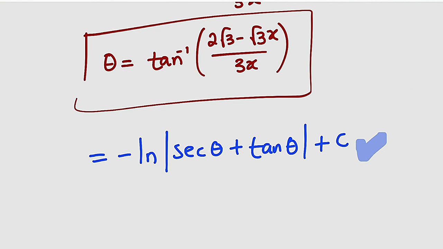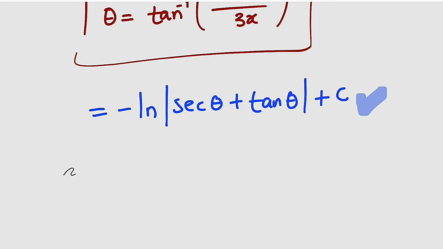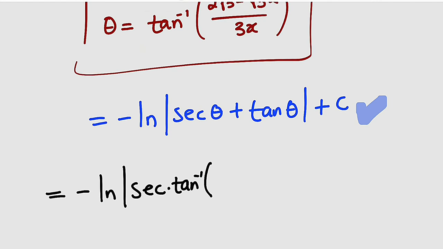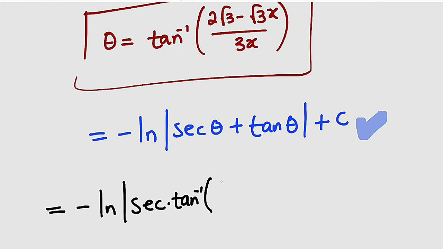Let us substitute theta. Wherever we have theta, we are going to replace it with the right hand side of this equation. So finally, we have this to be equal to negative natural log of the absolute value of secant theta, but theta is what? Tan inverse of 2 root 3 minus root 3x divided by 3x, right?